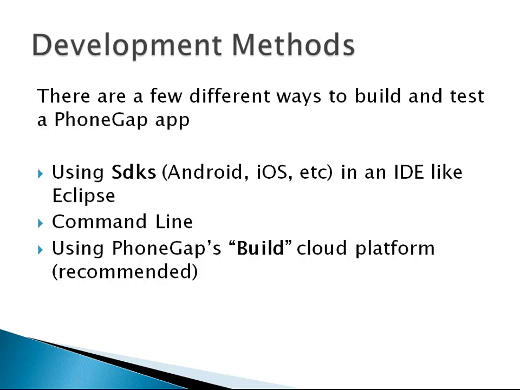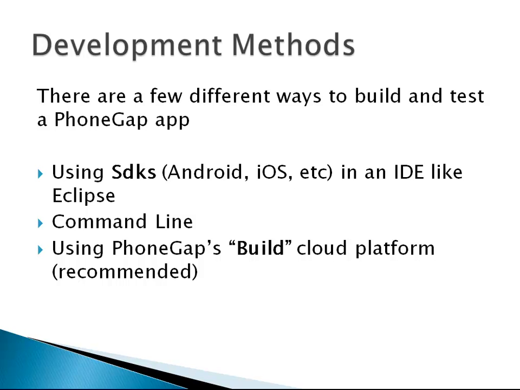Development methods. There are a few different ways to build a PhoneGap application. We can use the SDKs in an IDE like Eclipse, which has, for instance, an Android plugin with an emulator, but it's pretty difficult to do just to get the SDKs up and running and deal with the file structure. We could also do it through the command line, which is also pretty complicated.